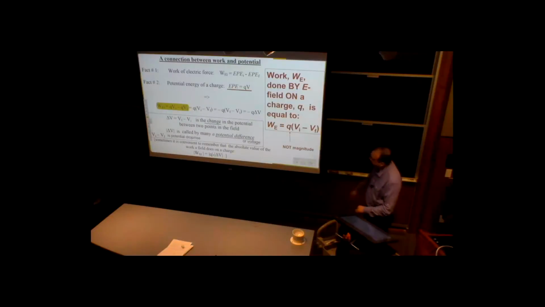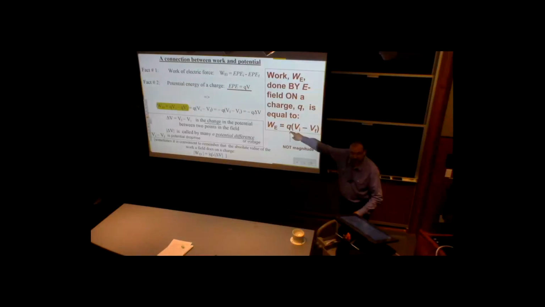Well, one more thing. Yeah, that's what I wanted to say. In this equation, this variable doesn't represent a magnitude. It represents an actual value. For a positive charge, this number has to be positive. For the negative charge, this number has to be negative.